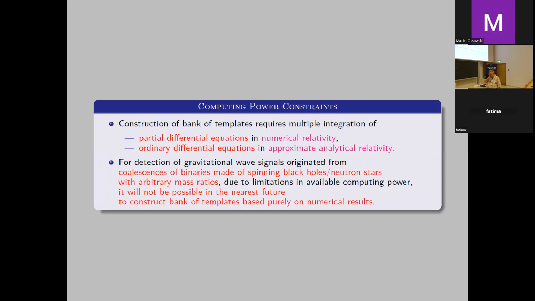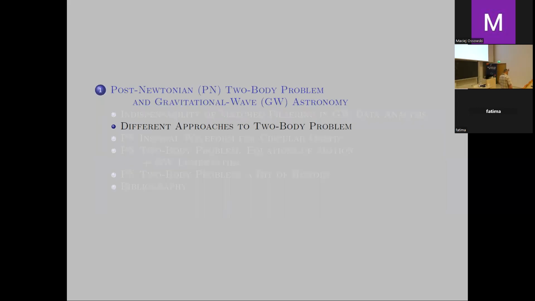In the nearest future, it is absolutely not possible to prepare banks of templates based on purely numerical results because of the number of these templates. So we need to solve the two-body problem in general relativity.